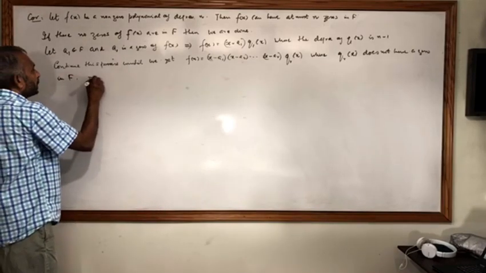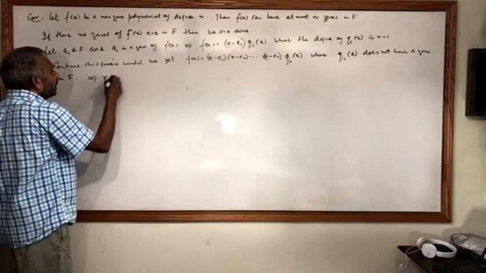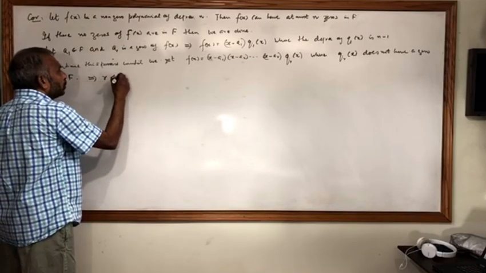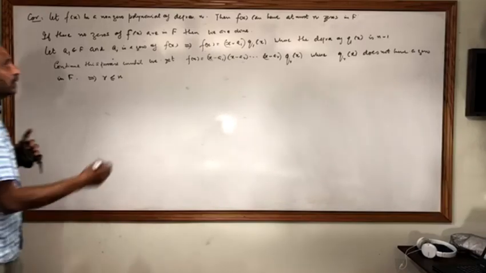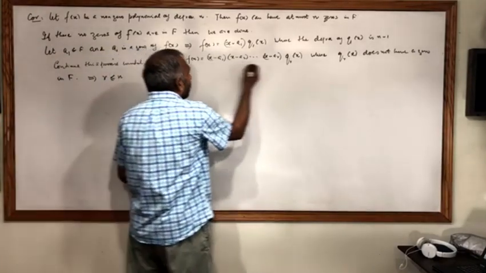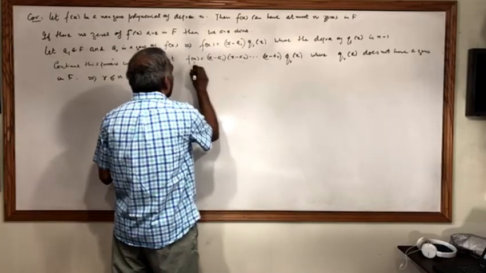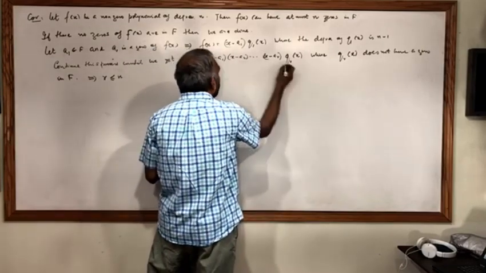So this implies that r is less than or equal to n, because it cannot go beyond n. It can have only up to n factors.